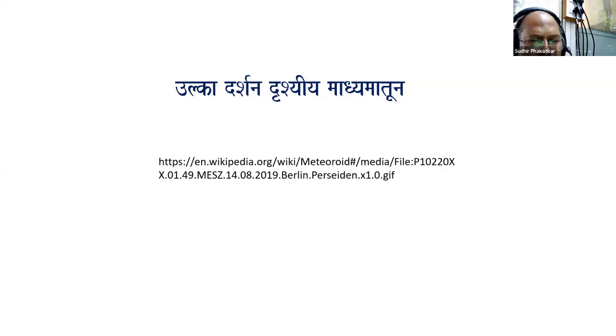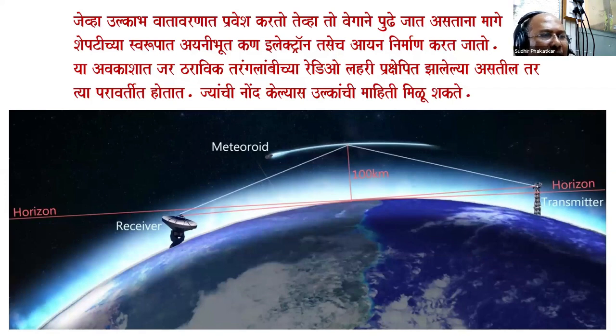This is a very good animation. Whenever a meteoroid enters the atmosphere and passes through it, as a tail it travels, creating ionized electrons, and due to this ions get created, and those ions radiate some particular wavelength.